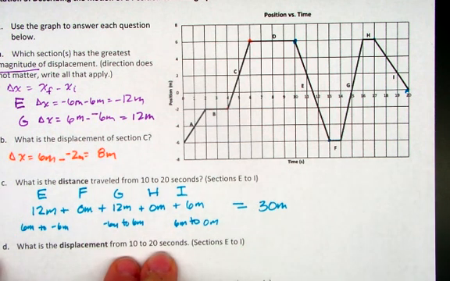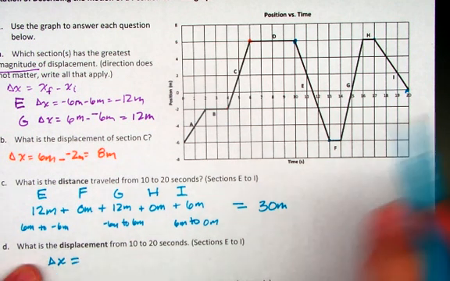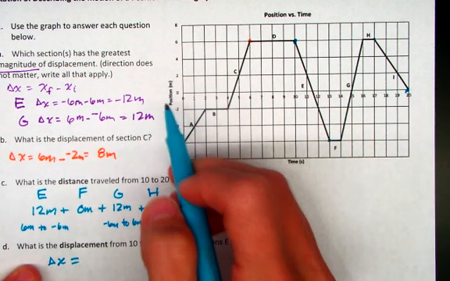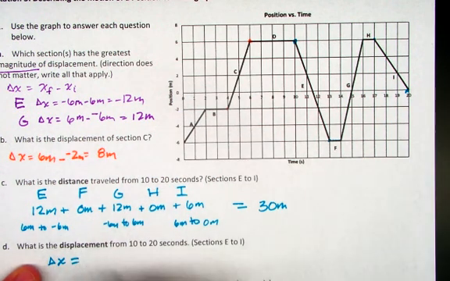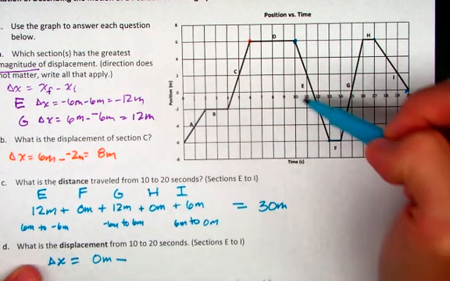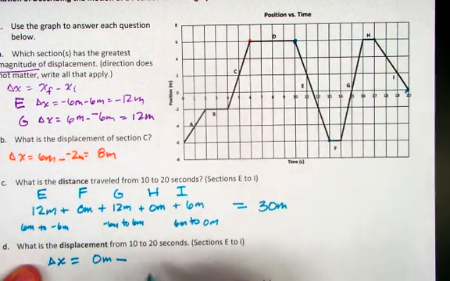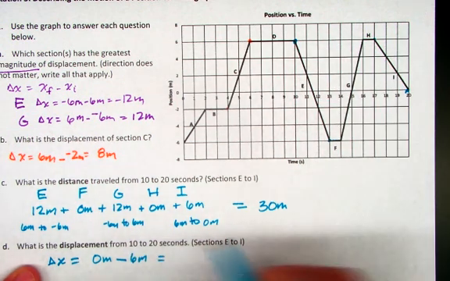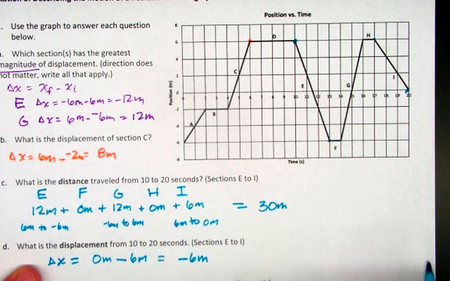Now for the displacement, that's just the final position minus the initial. The final position is 0, so I ended on 0 meters minus my initial position at 10 seconds, which is positive 6. So my displacement during that time was only 6 meters to the left.